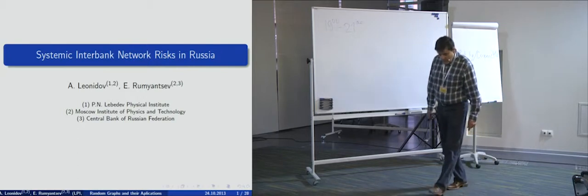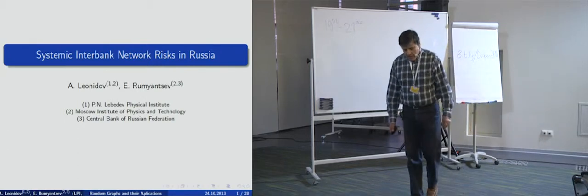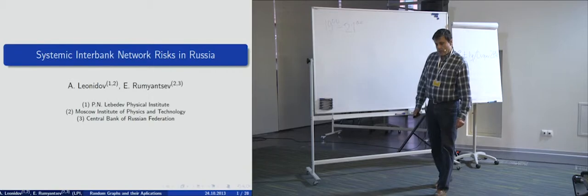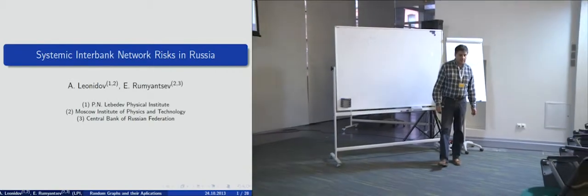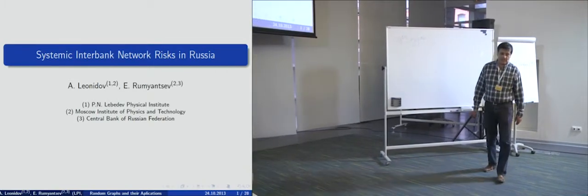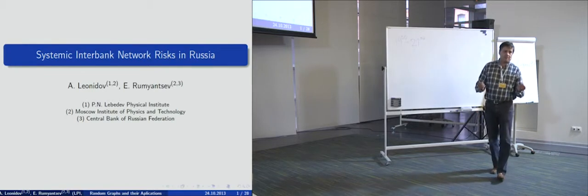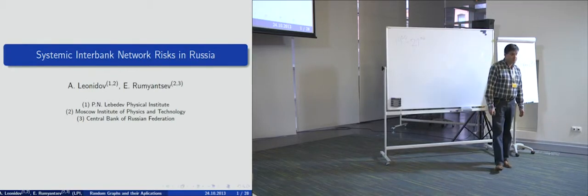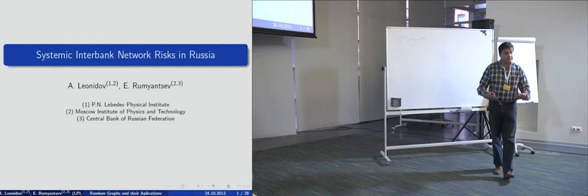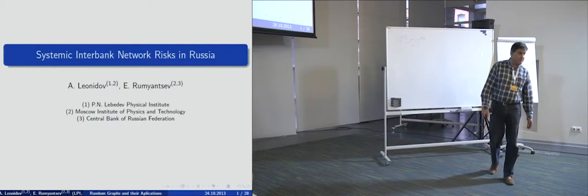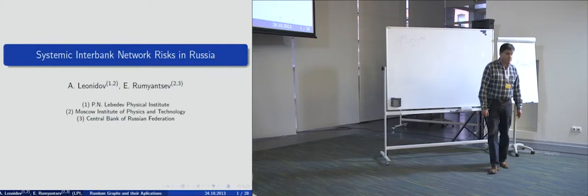The risk division of this bank was looking at systemic risks, and suddenly on the way they discovered that if banks are interrelated and form a network, the risks related to the fact that they are interrelated can be substantial.